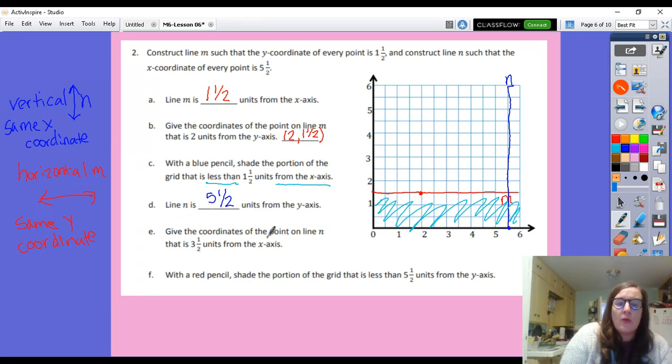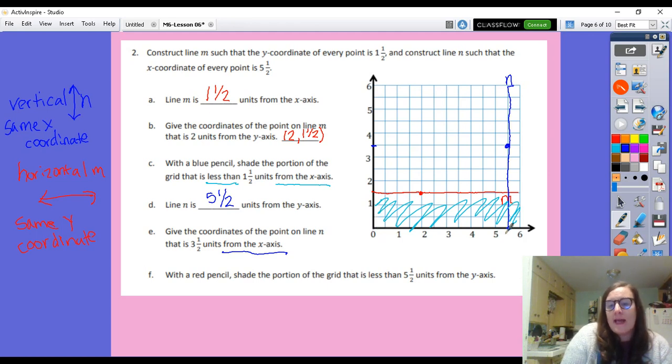It wants us to give the coordinates of a point on line N that is 3.5 units from the x-axis. So we're going from the x-axis, 3.5 units, which would be here, but it wants a point on line N, which would be right here. So we need the coordinates of that.